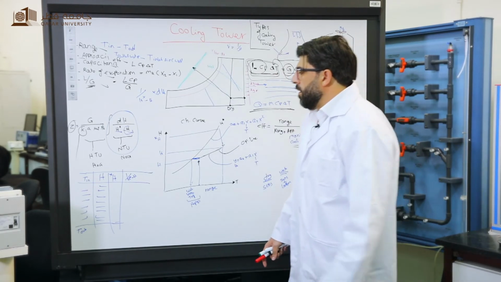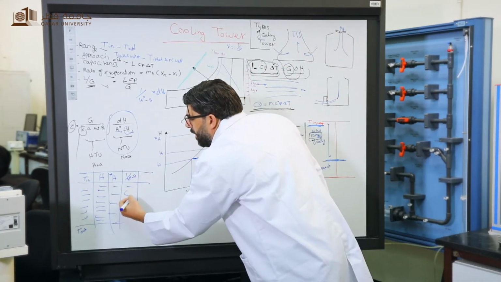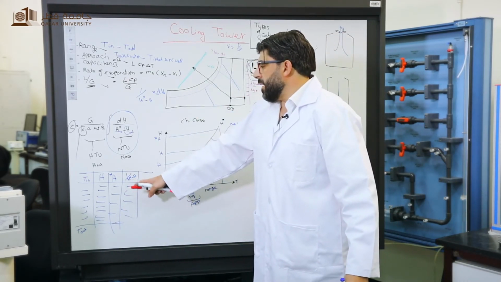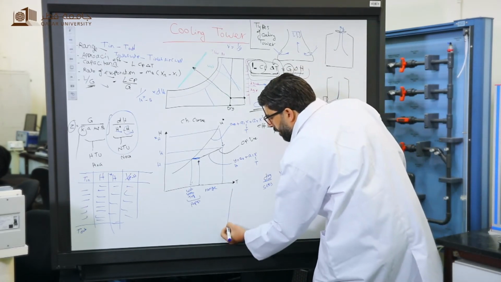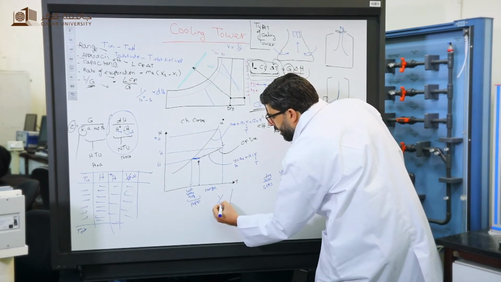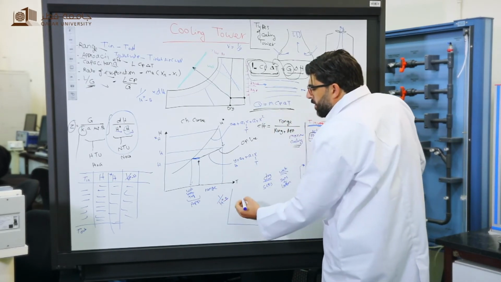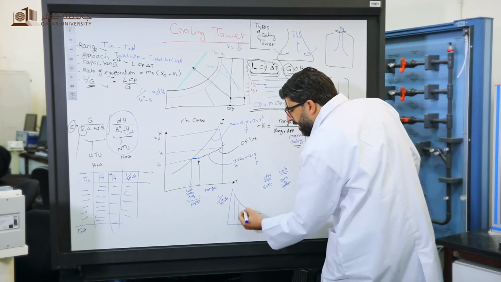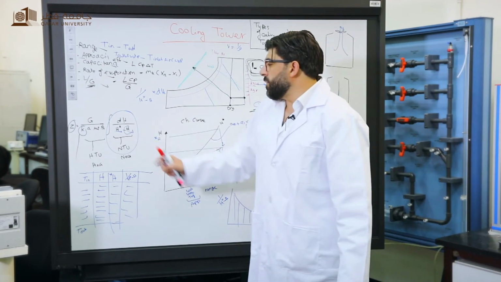So calculate. Now 1 over H star minus H is calculated, and here is H. So you can integrate the area. You want to integrate the area behind this curve to obtain the number of transfer units.